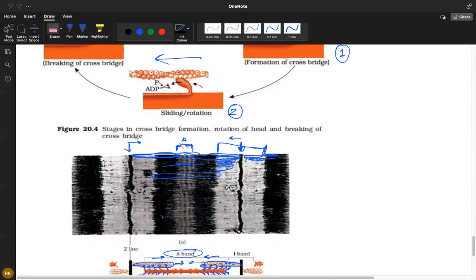I'm sorry. This is the H zone. A is the full from here to here, right? So the H zone will reduce, the I zone will reduce.